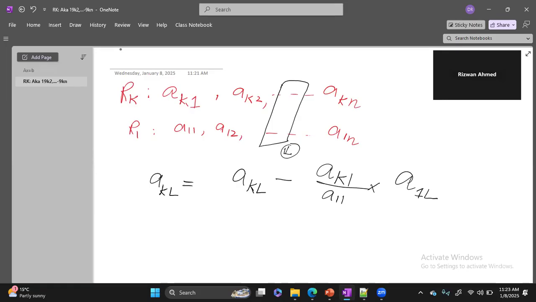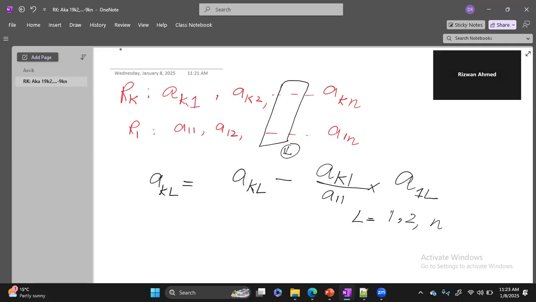And where this L varies from 1, which represents an entry below a11 in the kth row, and it goes up to n to apply the row operation on all the elements.